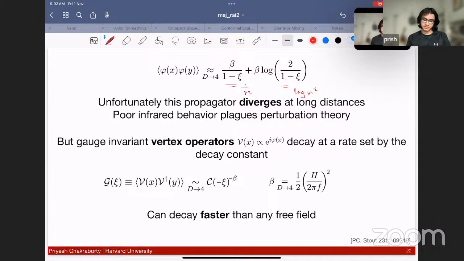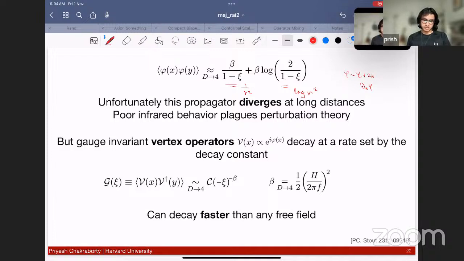As I said, phi has a phi plus 2 pi gauge symmetry. So the phi correlator is not gauge invariant. Phi is not a gauge invariant operator. So what we should really be doing is working with genuine gauge invariant operators. One option would be d mu phi, but this is not very interesting. It just kills the zero mode.